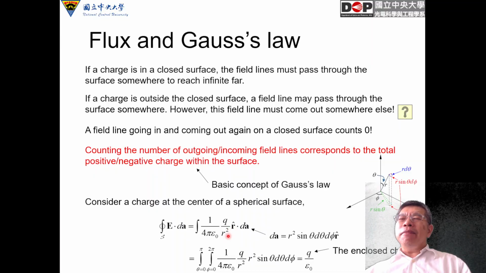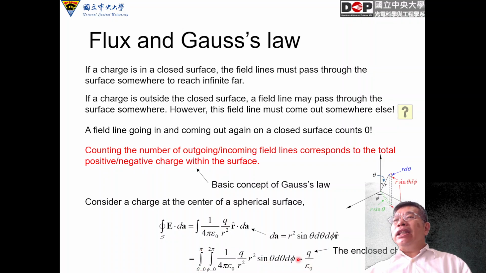So since we are simply placing the charge at the center, we just write down our surface element r squared sine theta d theta d phi with the direction along the r direction. So we get r cap, so there will be no more vector here. Doing the same thing, we just remove it, and doing the integration, phi will be from 0 to 2 pi, and theta from 0 to pi.